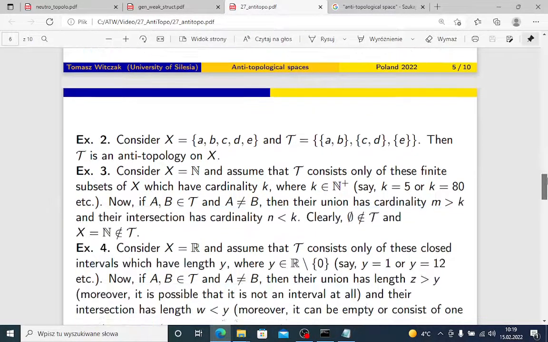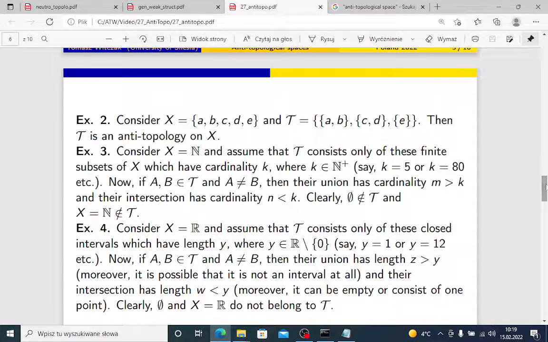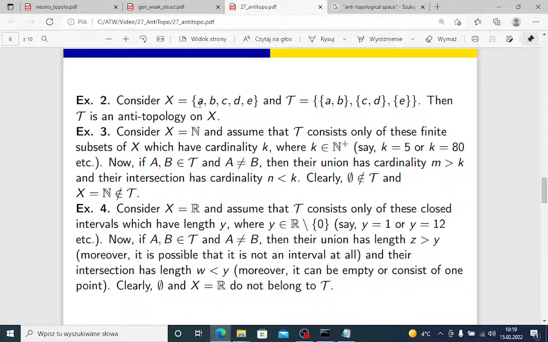Some other examples invented by me. This universe {A, B, C, D, E}, five elements, and this anti-topology. Or something more complex: we have the set of natural numbers as our universe, and assume that T consists only of those finite subsets of X which have cardinality K, where K is a certain number.